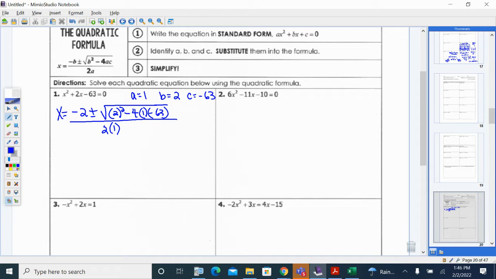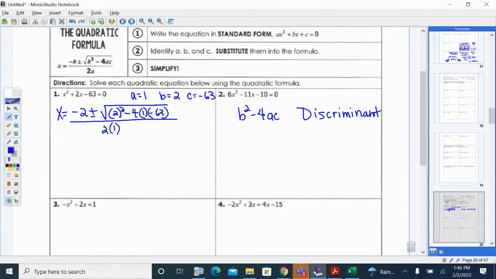Now, side note here, the b squared minus 4ac part of the quadratic formula is called the discriminant. The discriminant can give us a hint about what kind of solutions we have.